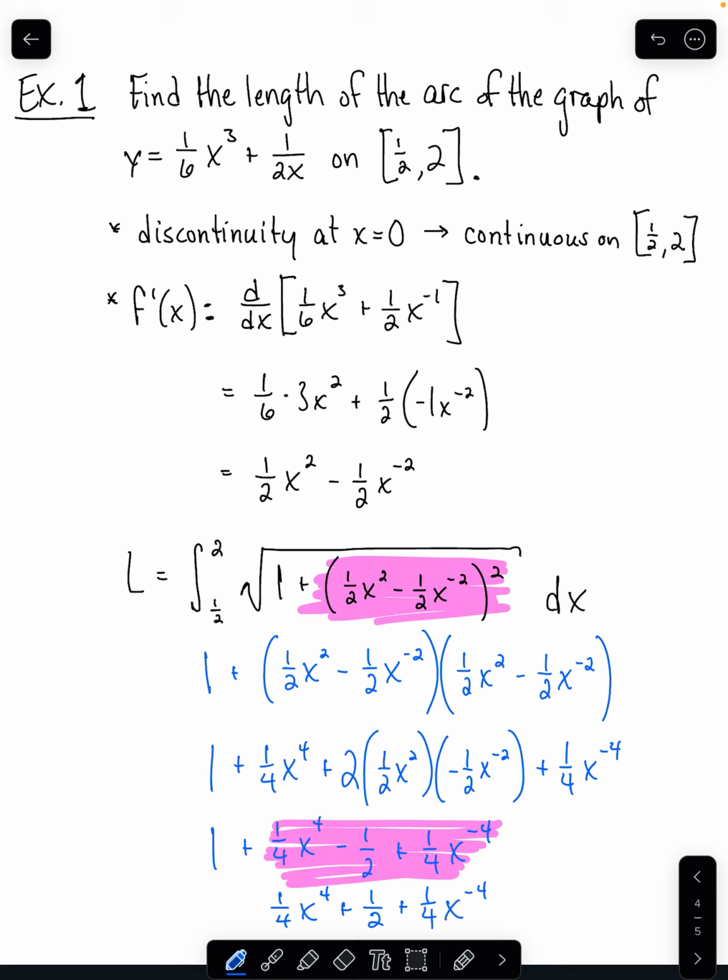The only difference then is that this can factor almost identically to what we had at the beginning, but it has absorbed that extra plus 1 term. And because it is now a plus 1/2 in the middle, it will factor as 1/2 x squared plus 1/2 x to the negative 2, squared, of course.